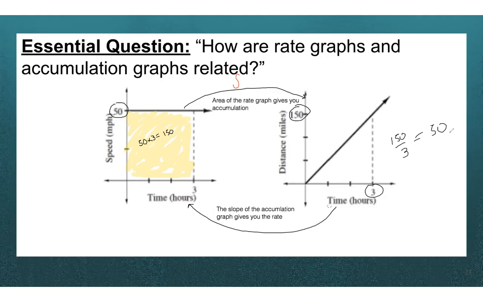And then slope: taking the slope of something is actually a derivative. So you take the derivative of the integral to get back your original function. Because this right here gave you the integral, your accumulation. But if you take the derivative of your integral, you get back your original. Isn't that crazy how it's all connected? That's why I'm saying this right here holds the essence of the fundamental theorem of calculus.